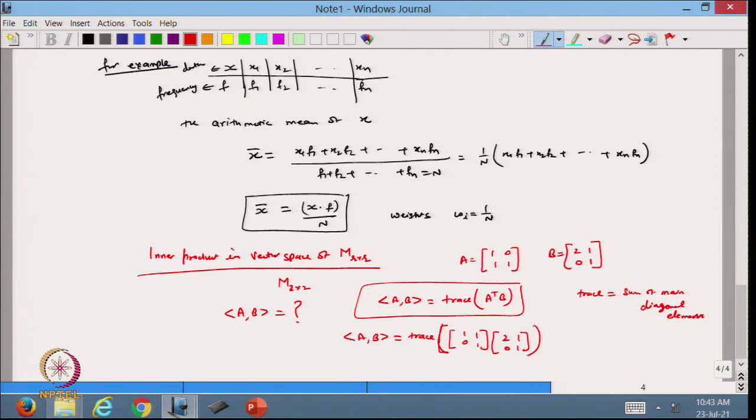Now, I want to take the trace of the resulting matrix. So, I multiply, and it will be 2, 0, 1, 1, and 2, and this is 1, and this is the resultant matrix. I am taking the trace. So, the trace is 3, that is 2 plus 1. So, from here we found that the inner product of these two matrices is equal to 3.